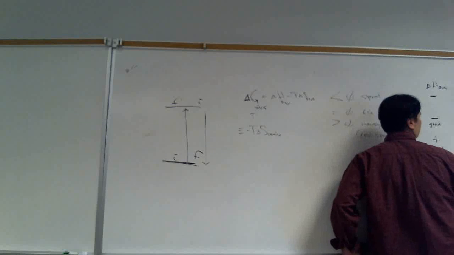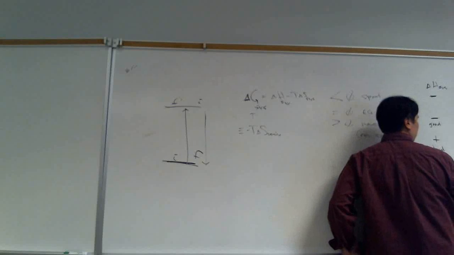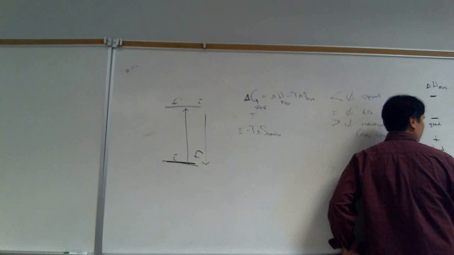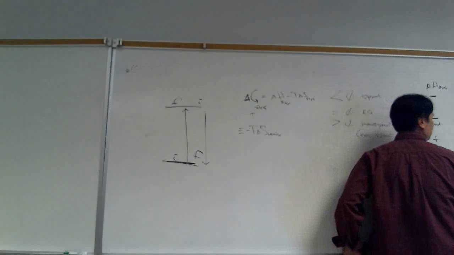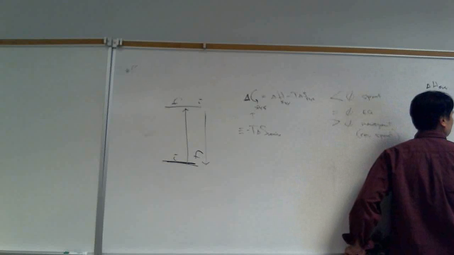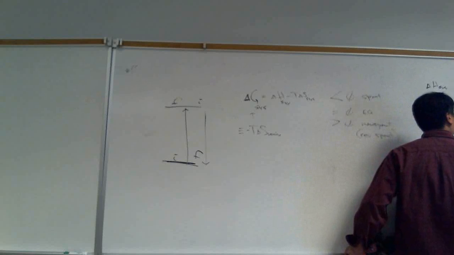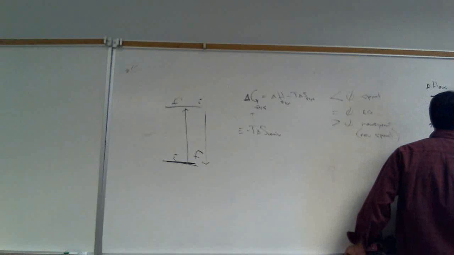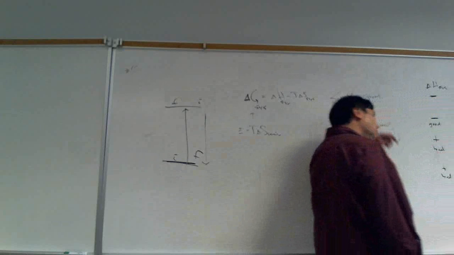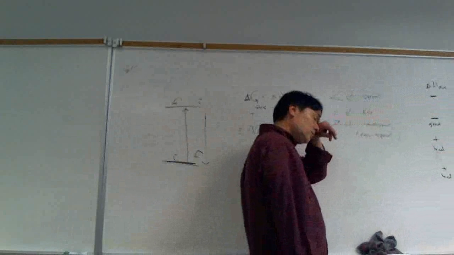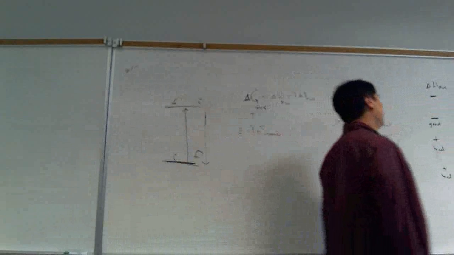So there's a question mark here. But if the energy is increasing and the entropy is decreasing, then this is bad and this is bad, and this is non-spontaneous under all conditions, in other words, at all temperatures, for reaction, good for reaction is what we mean.